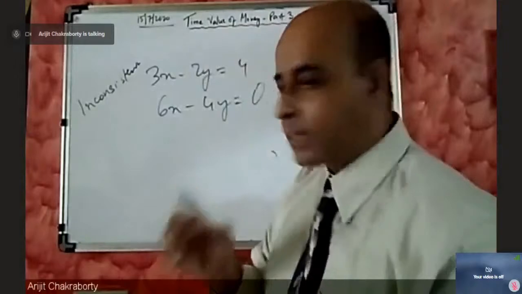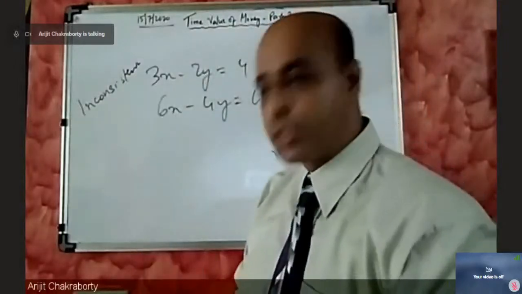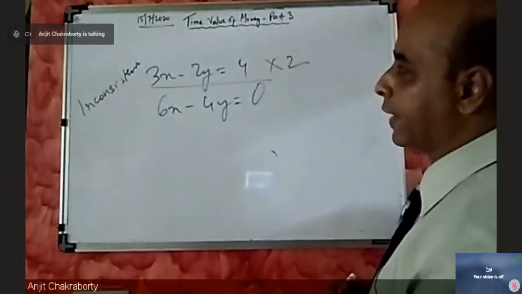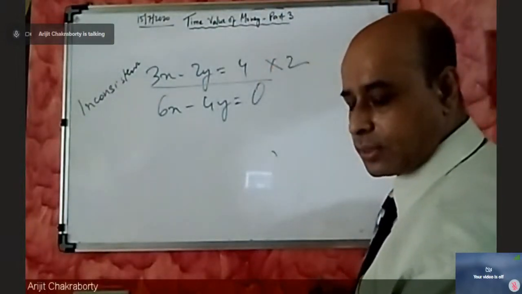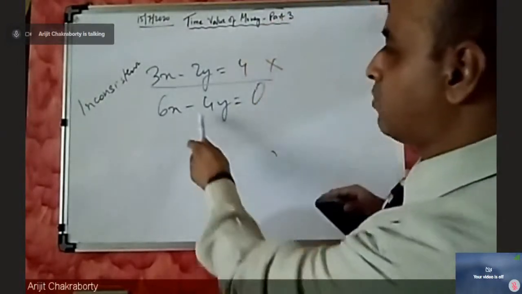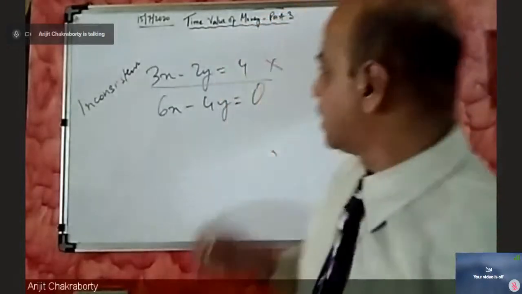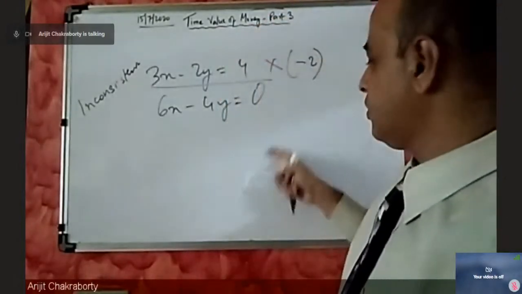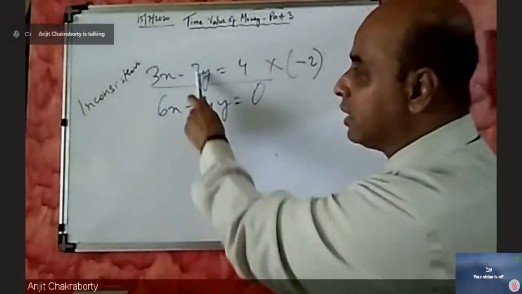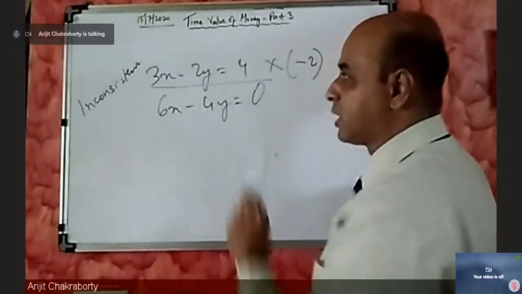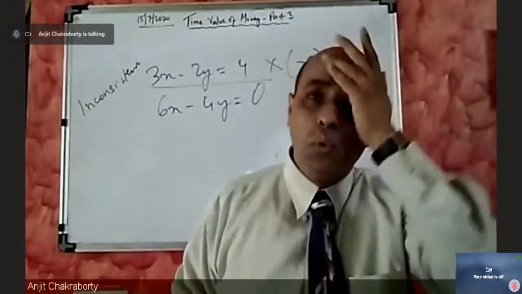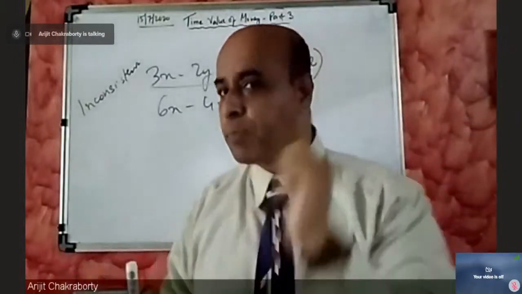If you multiply equation 1 by minus 2, because my objective is to get minus 4, I want to get plus 4y so that I can cancel this plus 4y with the minus 4y. So minus 2y is already there. If I multiply minus 2y by minus 2, I shall get plus 4.